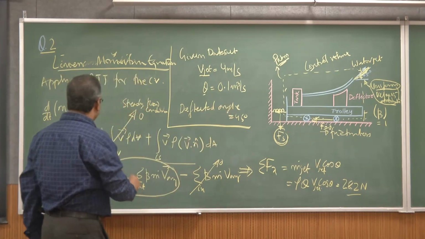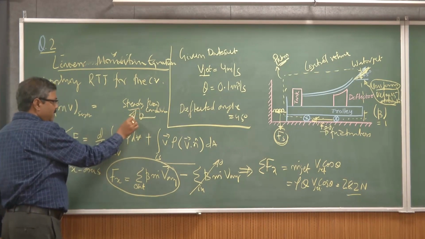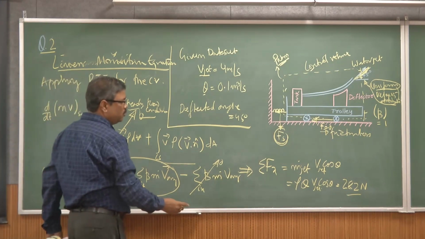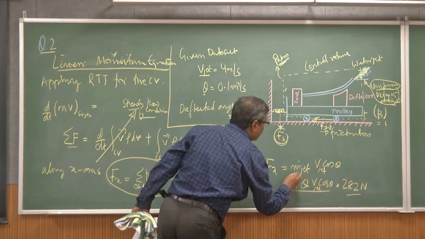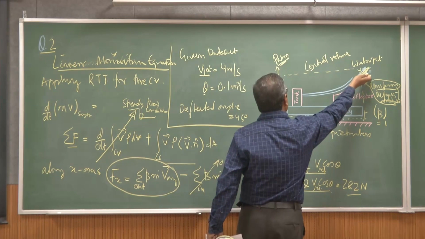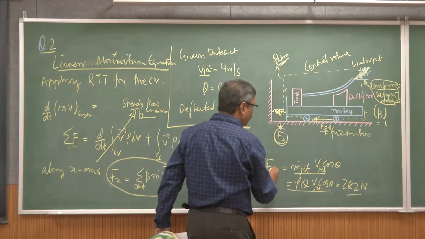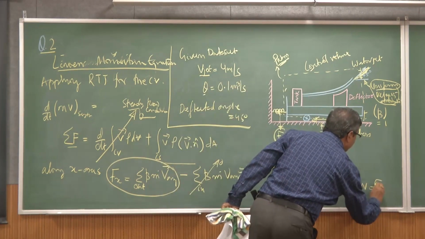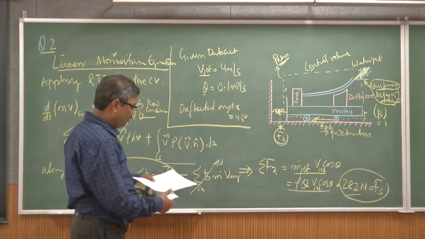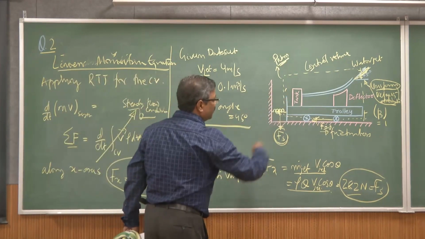Using the appropriate assumptions, we've simplified this Reynolds transport equation to a very simple force component along the x direction, and this will be equated with the force acting on this, that means the force acting at the spring. So you can use the linear momentum equation to solve this type of problem.